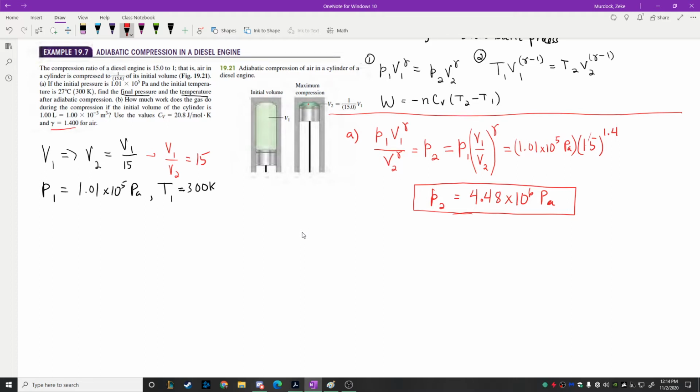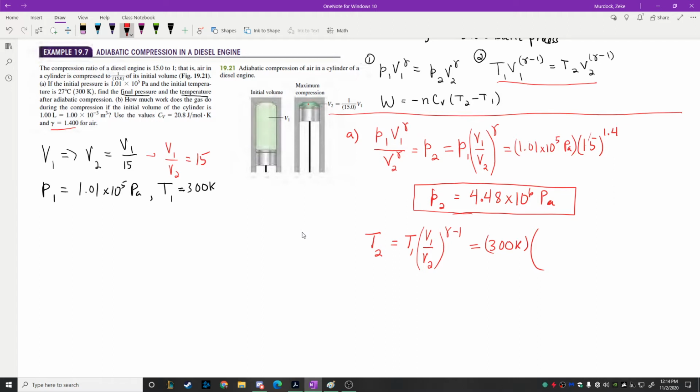Okay, now we can use the other equation here to get temperature in a similar way. Let's just start off directly with saying that T2 is going to be equal to T1 multiplied by V1 over V2 again, this time raised to the gamma minus 1 power. So for this, we're going to get the temperature, which is 300 Kelvin, and we multiply that by, did I do the ratios right? Let me make sure. Yeah.